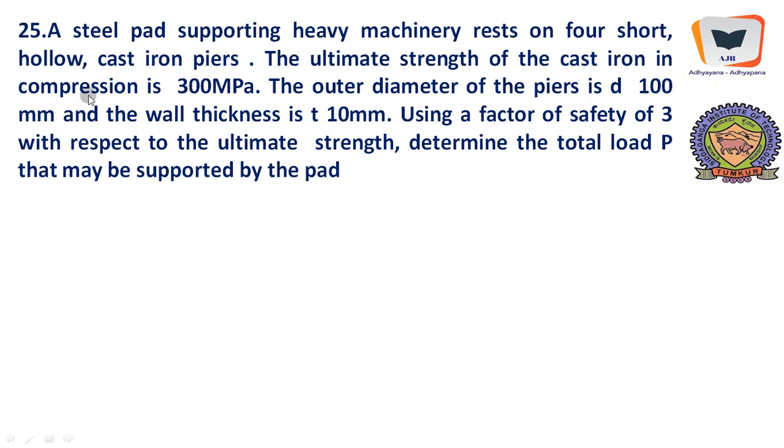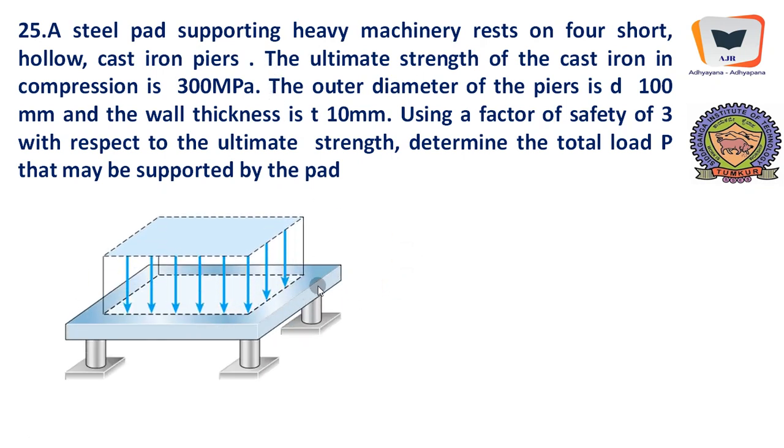There are 4 supports which are symmetrically placed for a platform. On this platform, heavy machinery is kept, something like this. It is a platform and there are 4 supports, 1 2 3 4. The fourth one is missing from the side because it is somewhere over here, and this is the machinery part, and it is symbolically shown as if the machinery is applying a heavy weight.